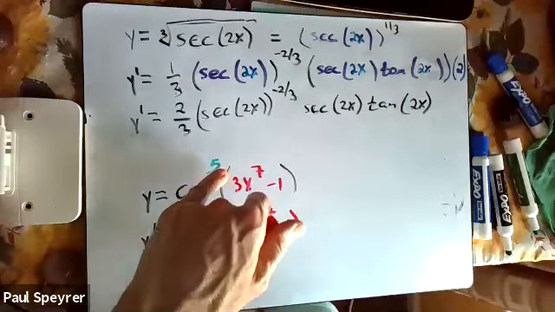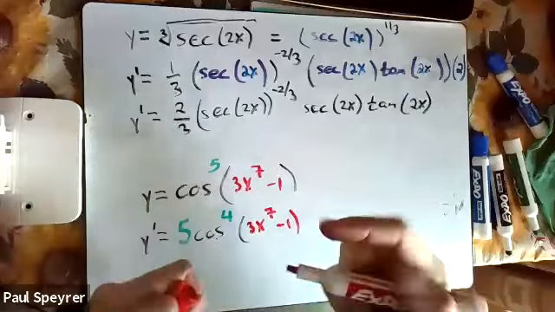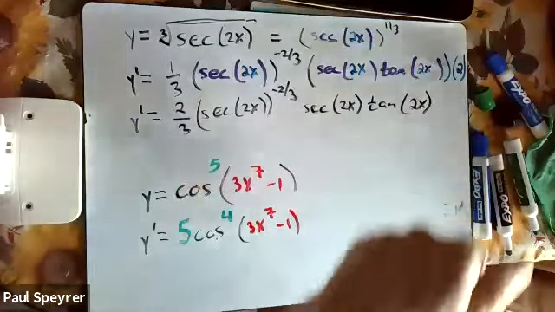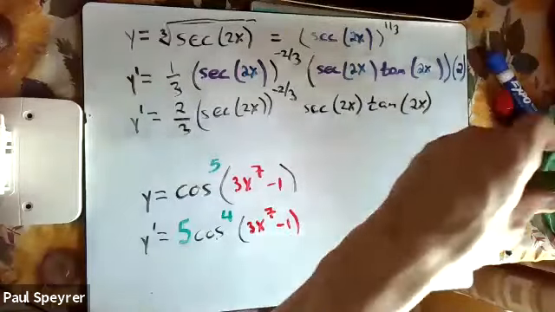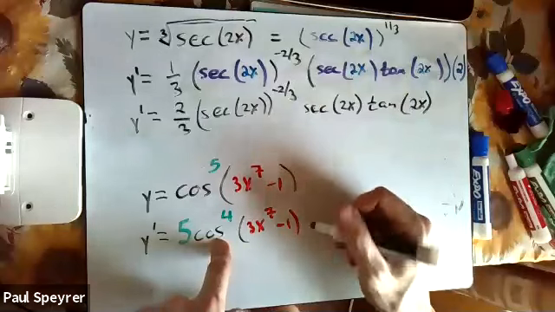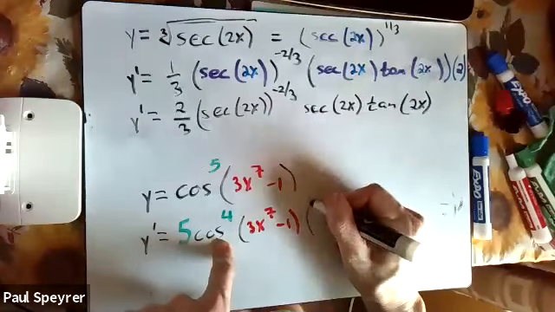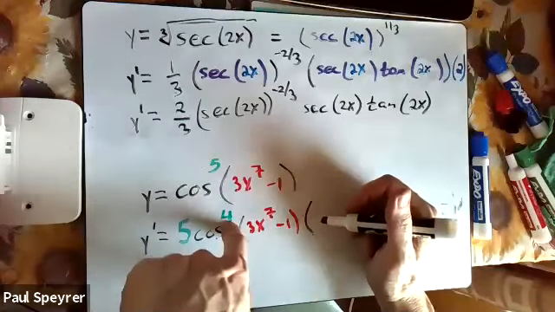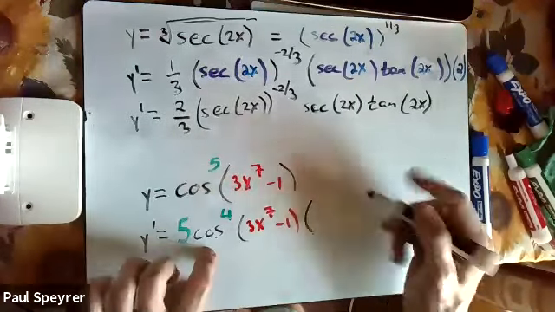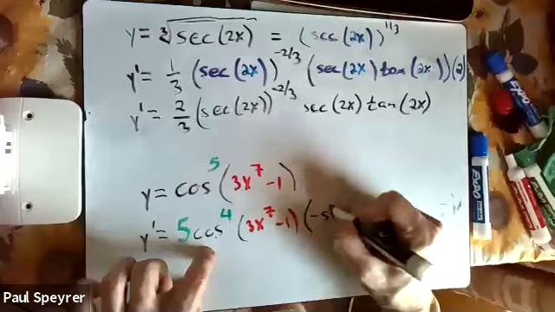So we've derived the outermost chunk, which was the 5. Now we need to go to the next innermost chunk, which is the cosine, correct? So now we derive the cosine. What's the derivative of cosine? So again, we don't keep that 4 with it. You're blocking this out. What's the derivative of cosine? It's negative sine.